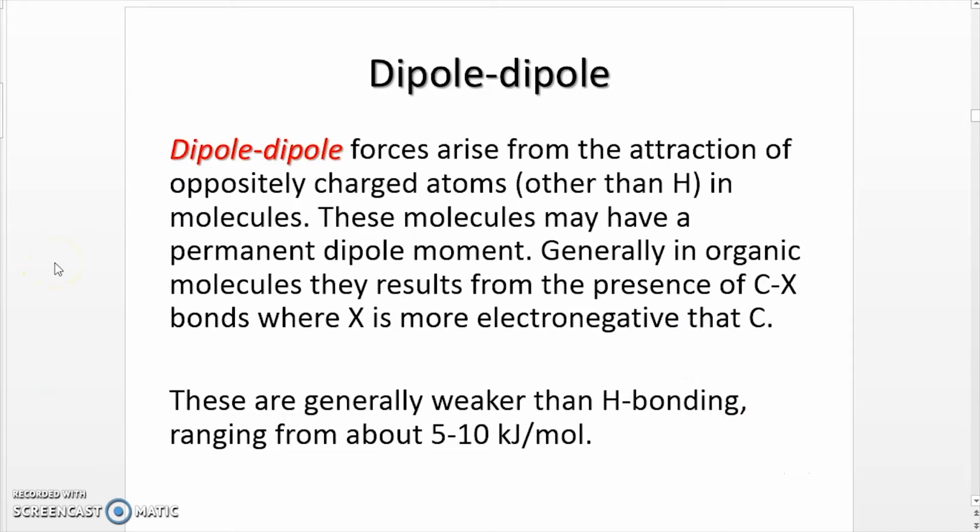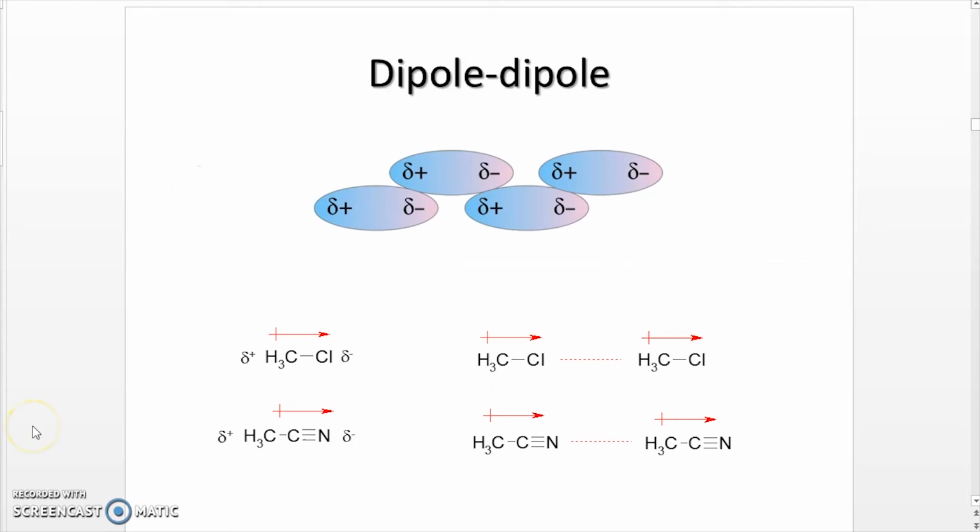Now, dipole-dipole forces arise from the attraction of oppositely charged atoms. In organic molecules, they result from the presence of C-X bonds, where X is more electronegative. Typically, X is a halogen. So this slide presents dipole-dipole interactions. And this will be important in terms of the polarity of an organic molecule.